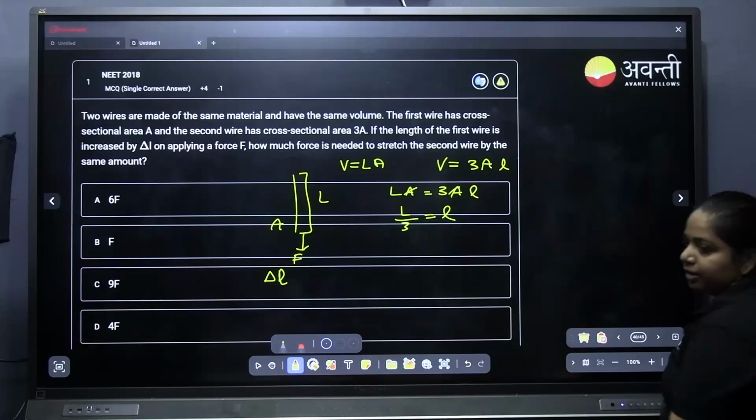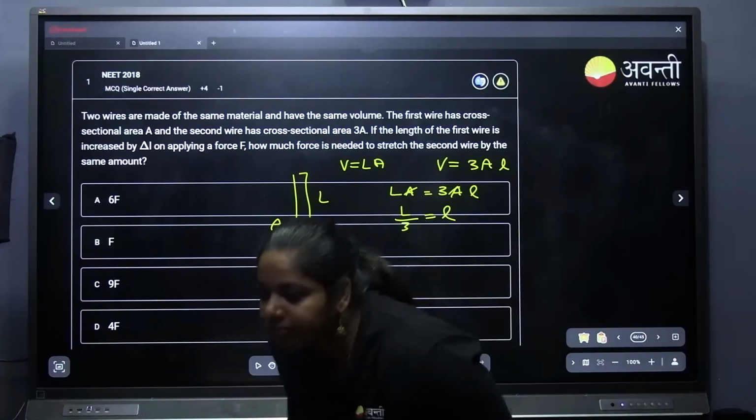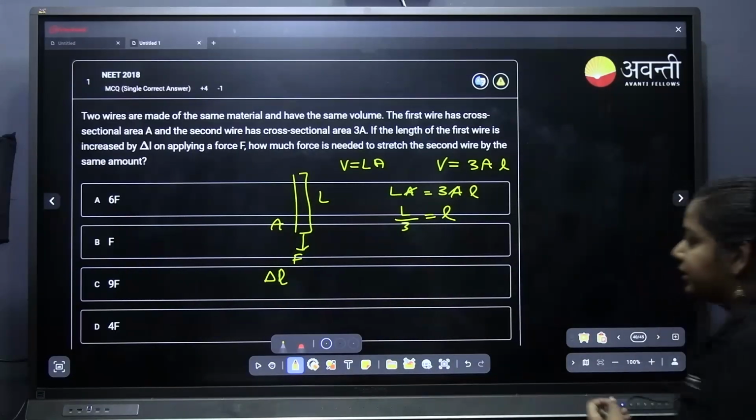Did someone put the answer? Yes, C is the answer.